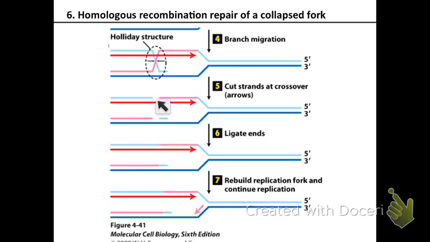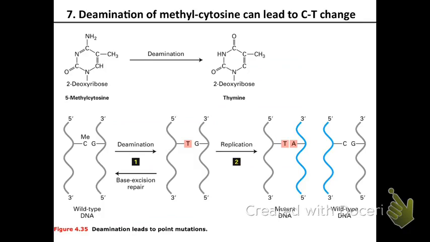These nicks are repaired by ligases. Now you've restored the replication fork, with a leading strand, and you start synthesizing the lagging strand on the other end. Does that make sense? All right. That's how replication-coupled homologous recombination can take care of these kinds of nick problems.